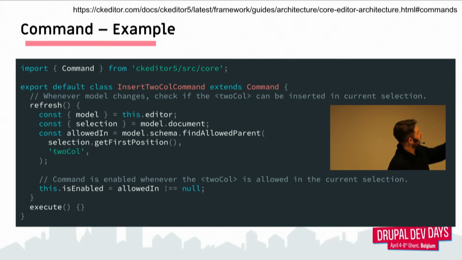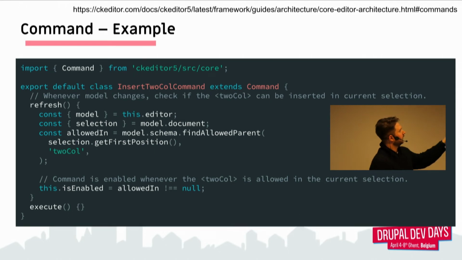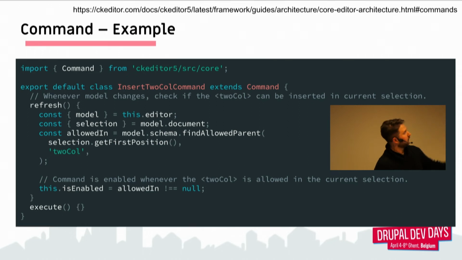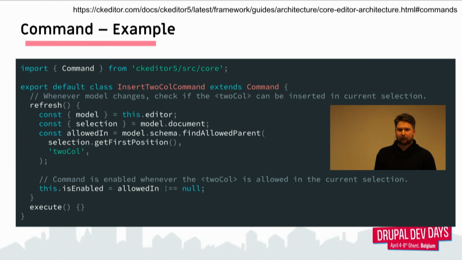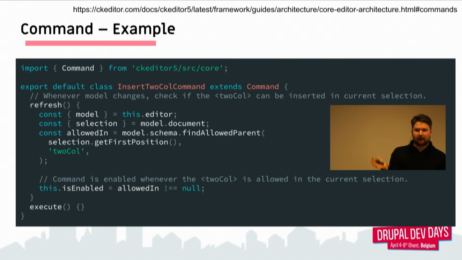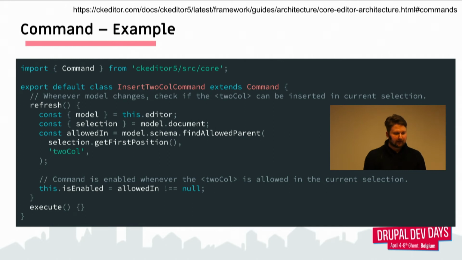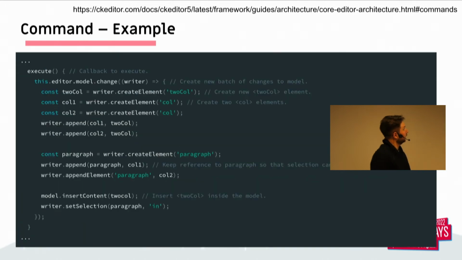We are checking that by checking the schema for whether the toCall element is allowed in the parent of the selected position. getFirstPosition is for when you have text selected, so it's not just a cursor. You would start from the beginning of that selection and check if you can insert it from there. And what would happen if there's text selected? It would basically just overwrite that text. It would remove that text as a result of this.